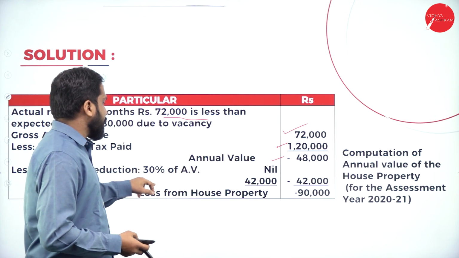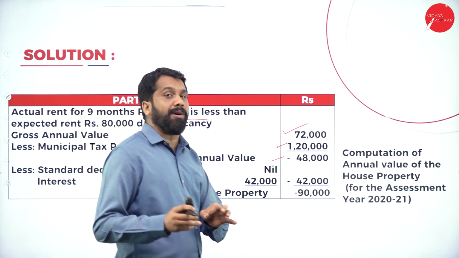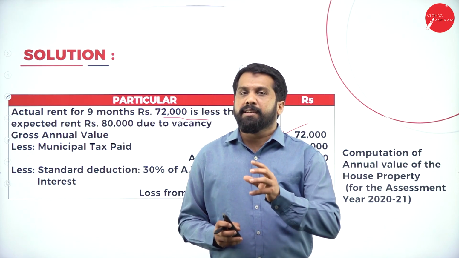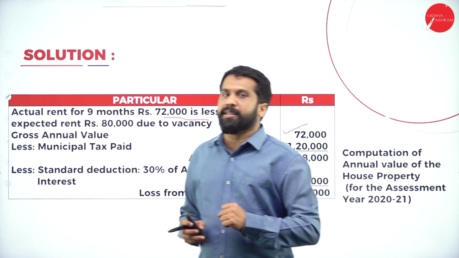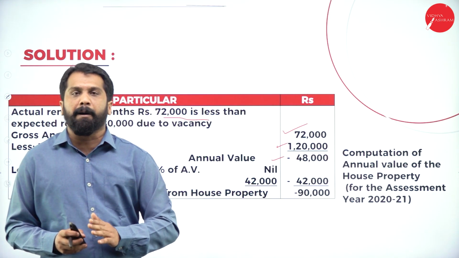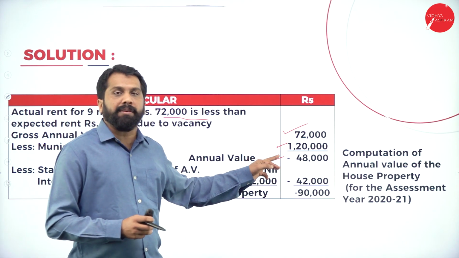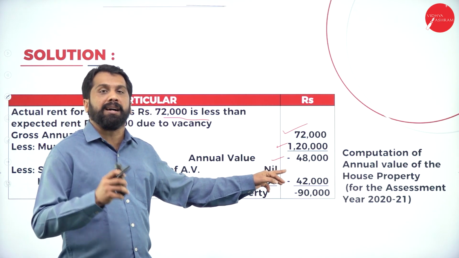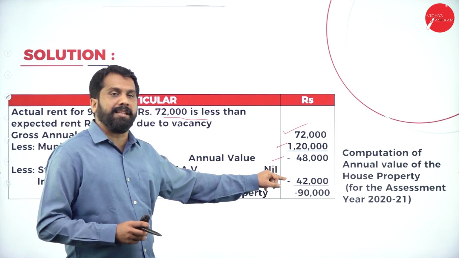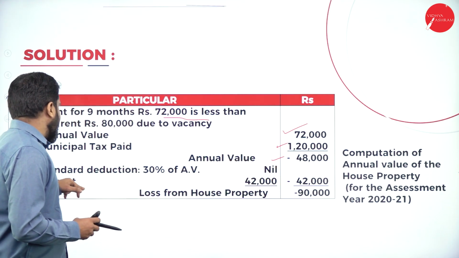Loss means that 30% option will not apply. Clear? If you have profit, you can take the 30% discount. Now, if you are in loss, how can they give a 30% discount? They can't. So 48, minus your deduction, is nil, but you have paid interest.